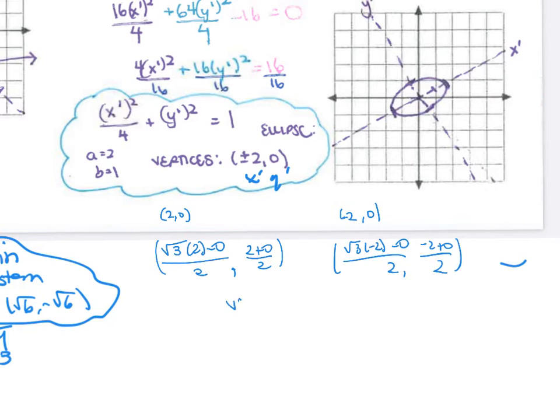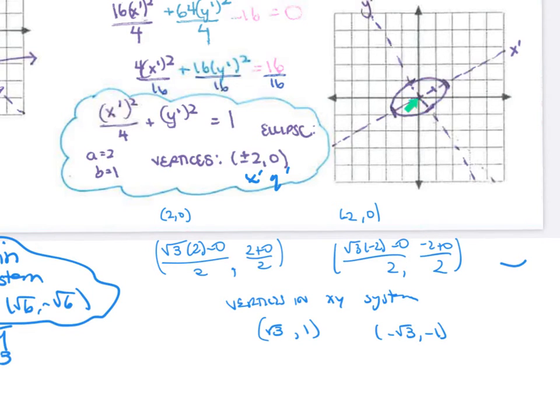And so we find that the vertices in the xy system will be square root of 3, 1, and negative square root of 3, negative 1. So it was pretty close here in my drawing, so it just helps us find it here.